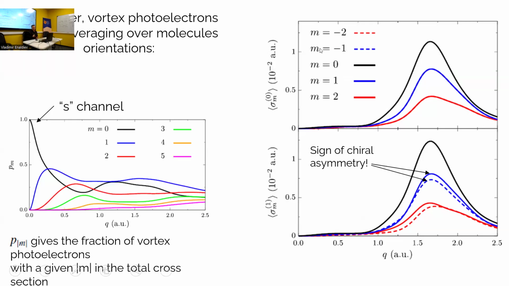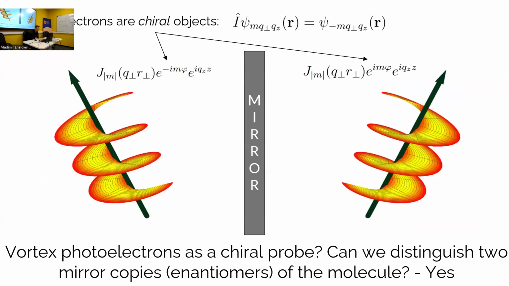It means that we consider photoelectrons with positive angular momentum and with negative angular momentum, and where there is a difference between them, this difference signals chiral asymmetry in the observables, and our paper is devoted to such kinds of asymmetries, and now we will discuss these asymmetries.